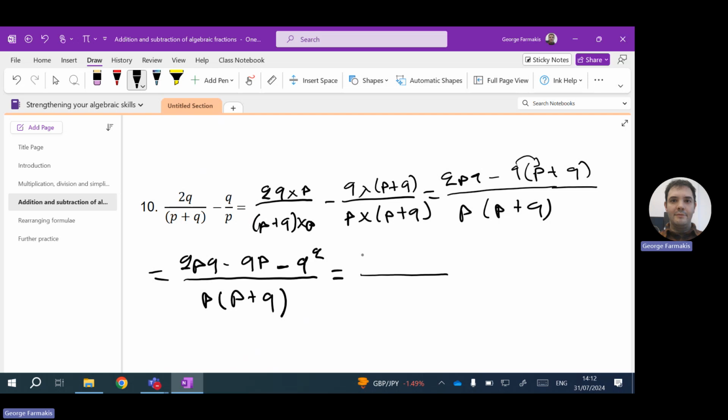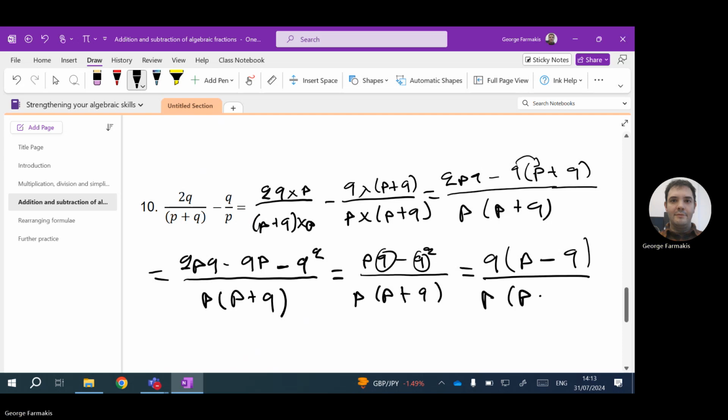So this is just 1 pq minus q squared over p plus q. And here we can also have the common factor q. So we have q times p minus q over p plus q. Okay, so this is how you can simplify also the result.